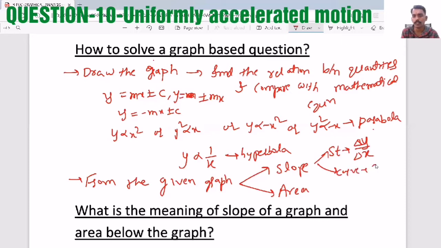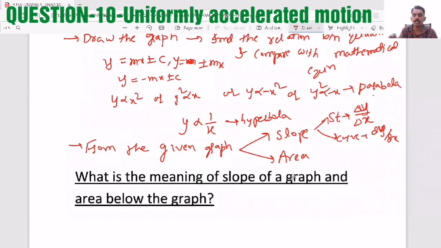Curve means dy by dx. Area means area below the graph. So you have to divide the area into rectangles, triangles and so on so that you can find each area and finally add. But you have to take care that above the positive x-axis the area is positive, below the x-axis the area is negative. That is what you need to remember.